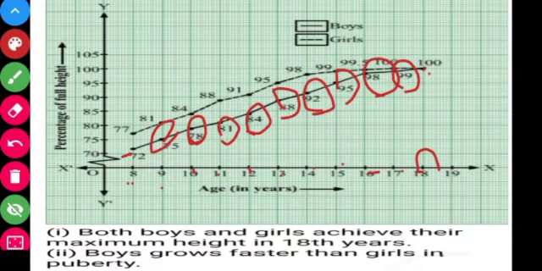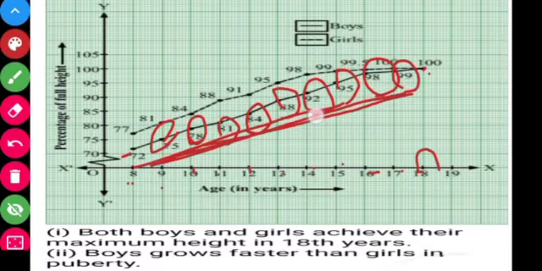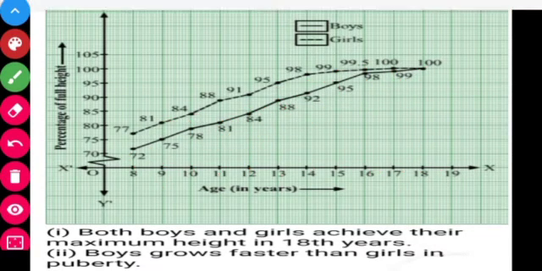So it is better to open your book and try to understand, because all this data is taken from your table. So first you have to draw all points for boys.